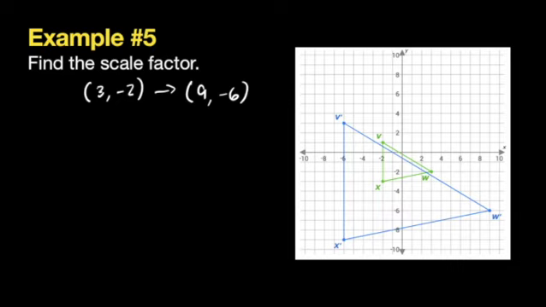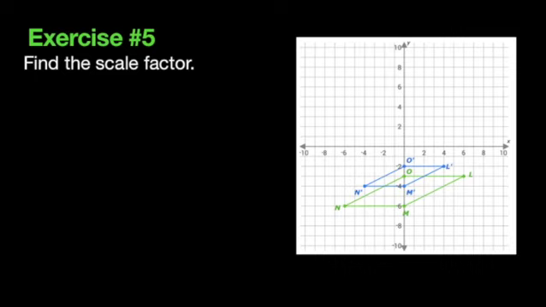So this is your original one, and then this is your prime. So you can do 9 is equal to our ratio or scale factor times 3. Divide by 3, divide by 3, right side cancels, and now you have R is equal to 3. So that's our scale factor. Pause the video and solve exercise 5 for practice.